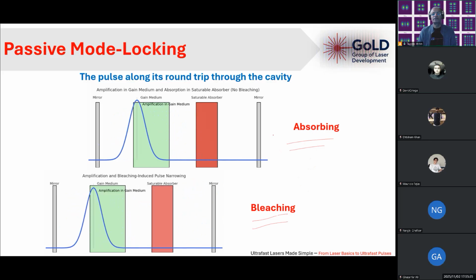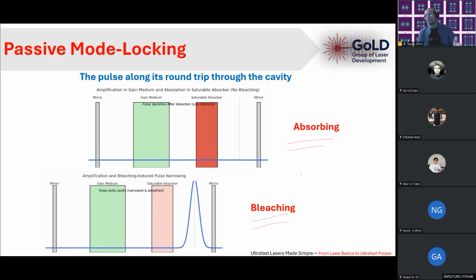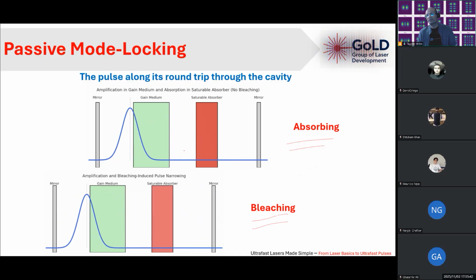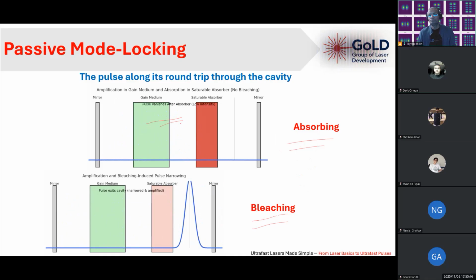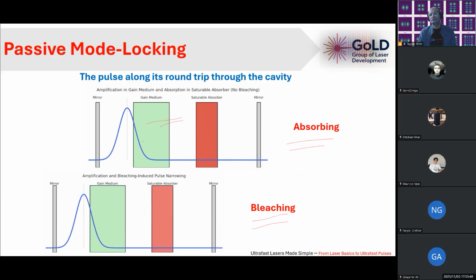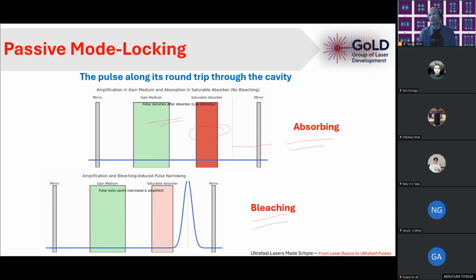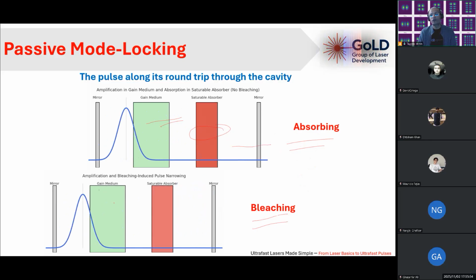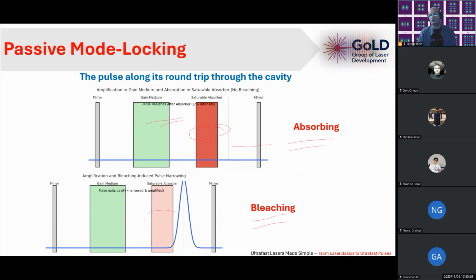And in the upper portion, I'm showing the pulse height the same, which is not correct actually. In this case, the pulse height has to be less. So the weaker pulse will be absorbed here. We don't see anything at the output. And the stronger pulse here will pass through.